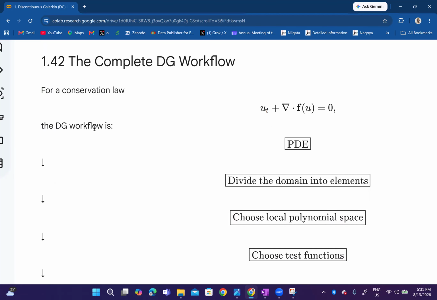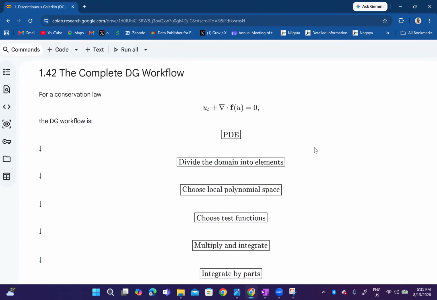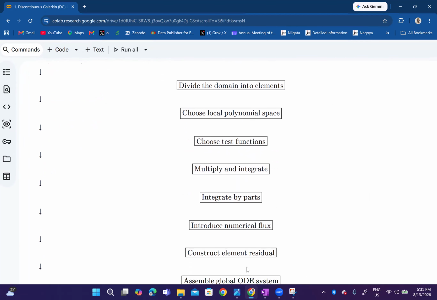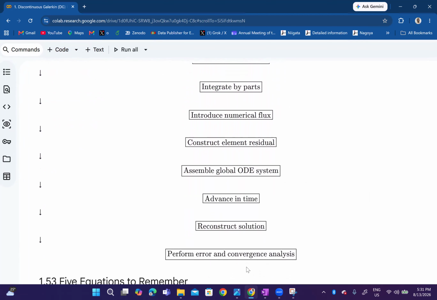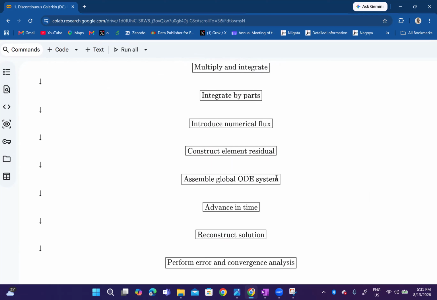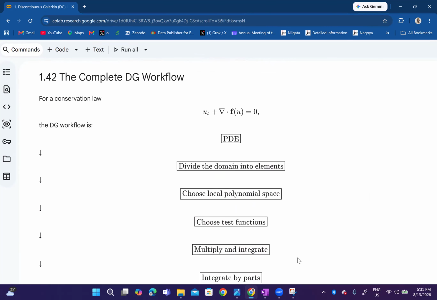The discontinuous Galerkin workflow starts with the partial differential equation, and then you divide the domain into elements, then you choose local polynomial space, you choose test functions, you multiply and integrate, and then you do integration by parts, and then you introduce numerical flux, then you construct element residual, and then you assemble the global ODE system, and then you advance in time, reconstruct the solution, and perform error and convergence analysis. So that's the summary of everything we've been doing so far for the discontinuous Galerkin workflow, step by step.